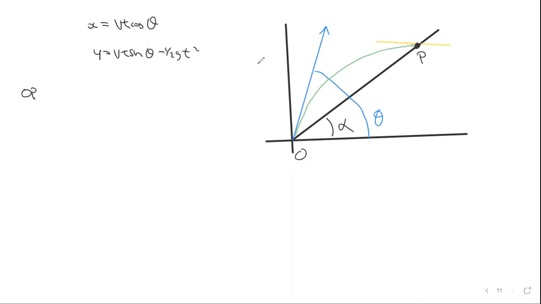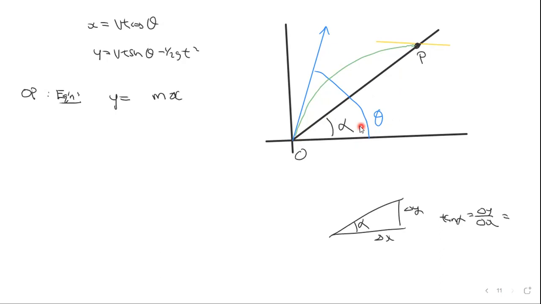So line OP has equation, I mean, it's a straight line going through the origin, so it's going to be some sort of y equals mx. But this m is equal to tan alpha, because remember, if this is alpha, then tan alpha is this over this, which is just m, basically. So you can treat the equation of the line as y equals tan alpha x, and that will be useful to us later on.